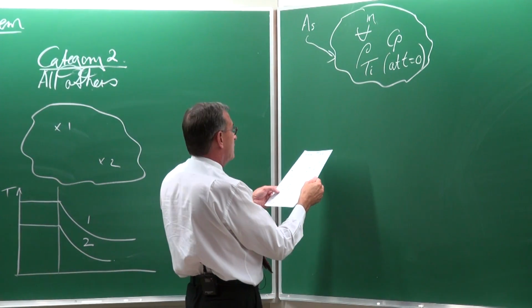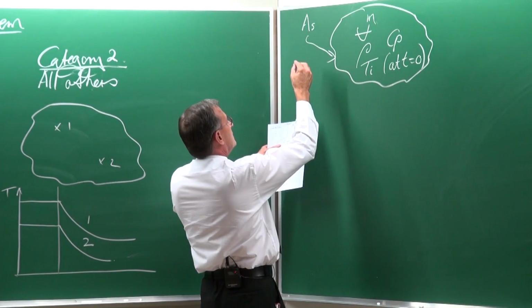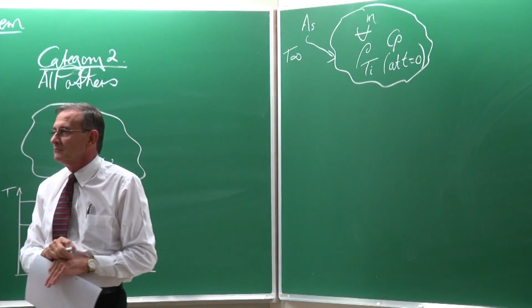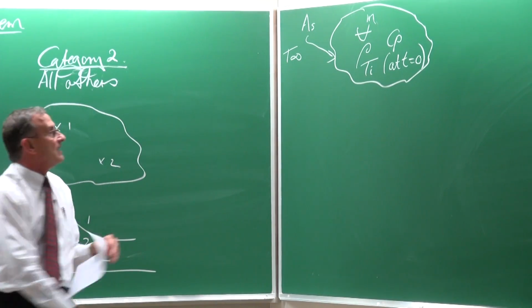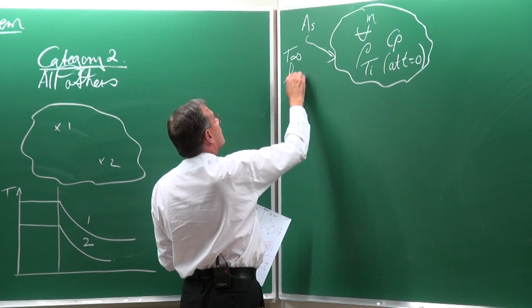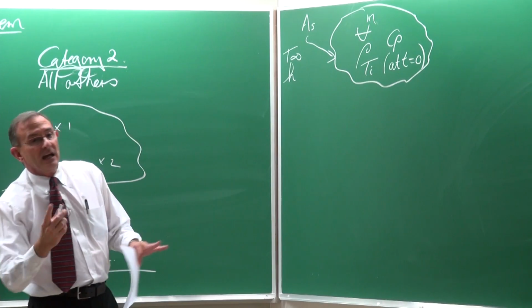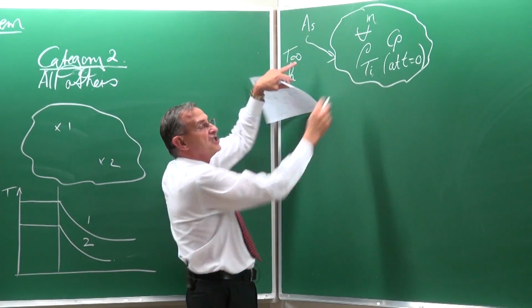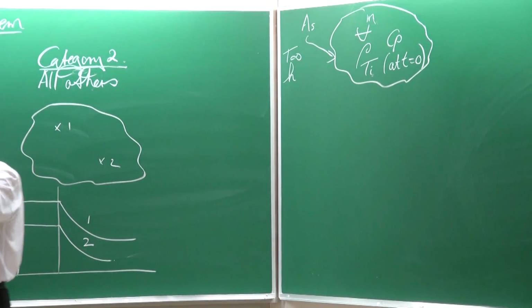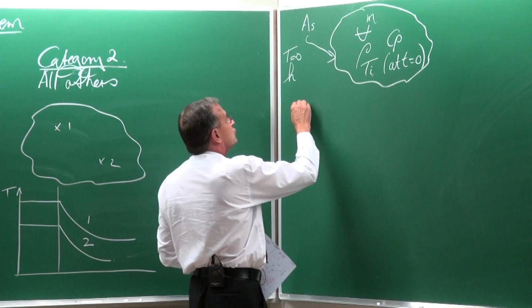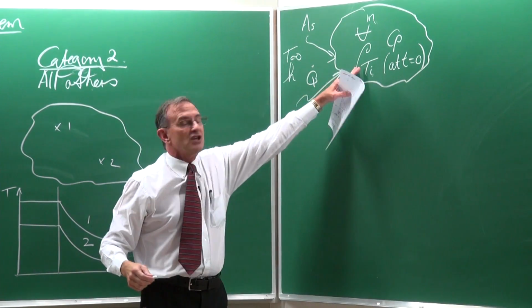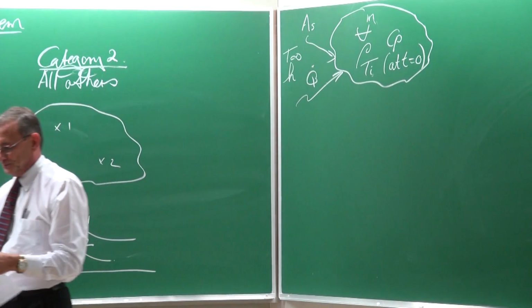And then we also have the outside temperature, T infinity, far away from the body. And in this case, we are going to assume that this temperature is larger than that temperature. If not, then everything just works the other way around. And therefore, there's a heat transfer rate from the high temperature to the low temperature, to the body.